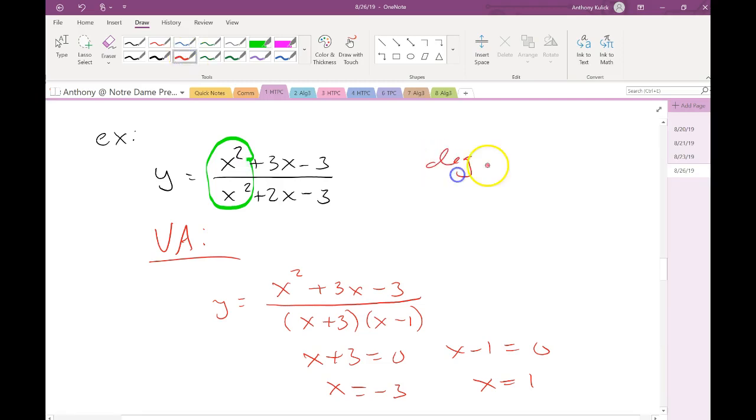When the degree of the numerator equals the degree of the denominator, our horizontal asymptote is going to be the leading coefficient over the leading coefficient. So in this case, y equals 1.